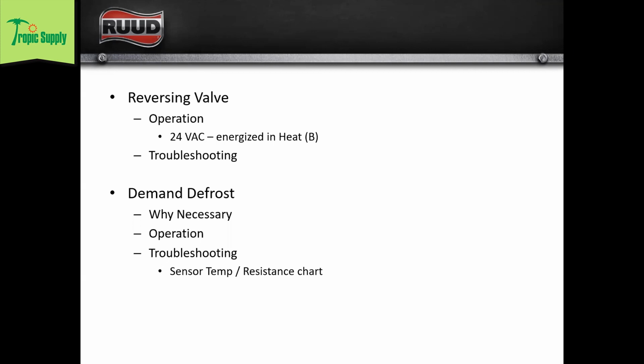Just looking at a couple of the answers that came through to that last question, I want to reiterate, because a couple of the answers were after 6 hours. The unit will force a defrost after 6 hours of runtime below 35 degrees. But if that coil sensor has failed, it will not.